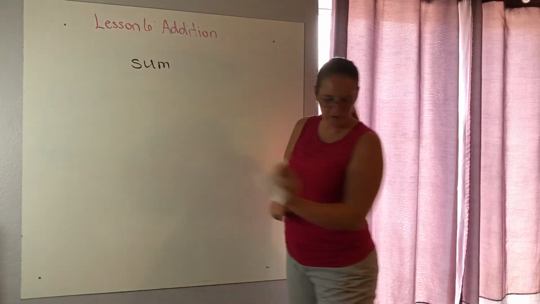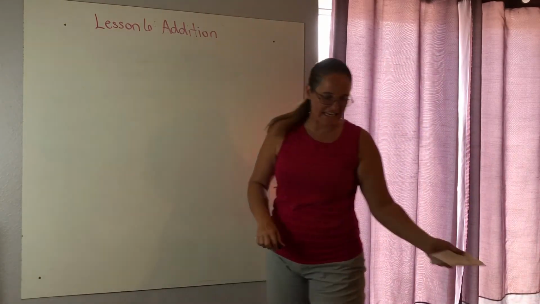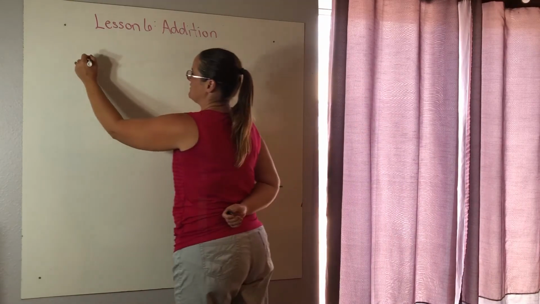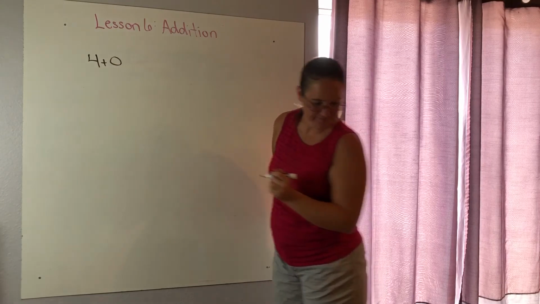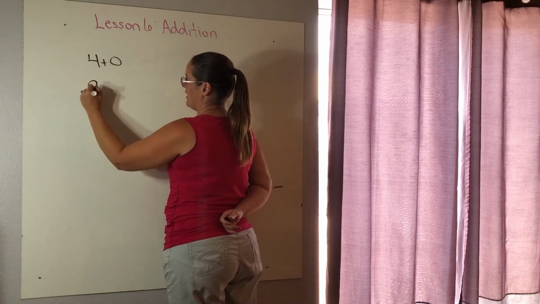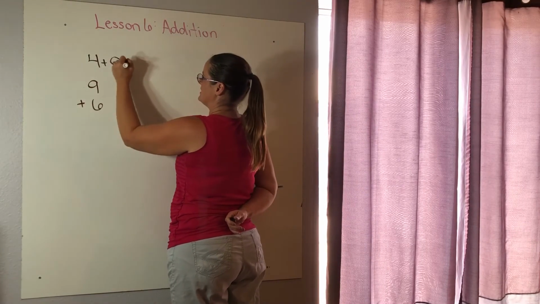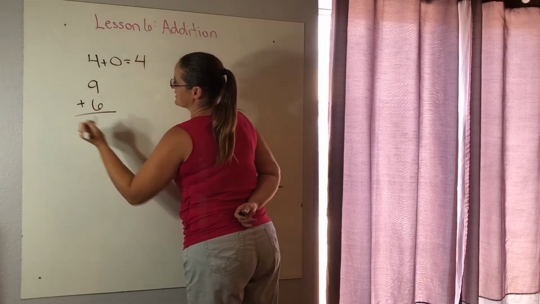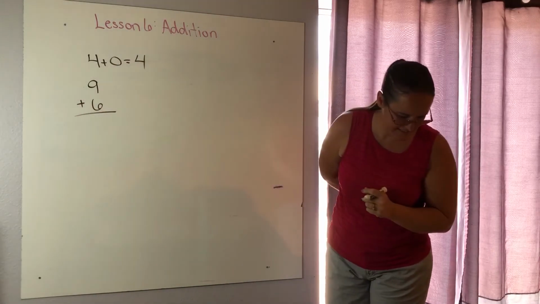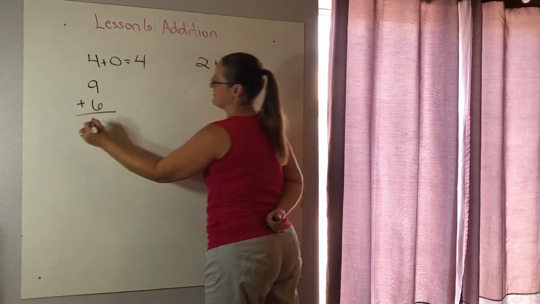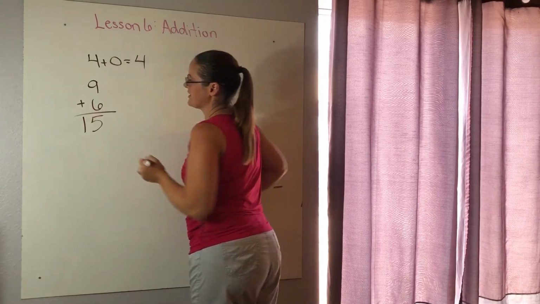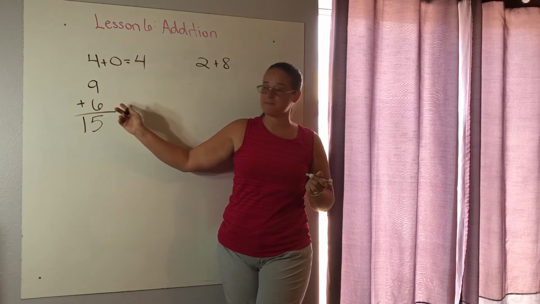So then the last four problems say to find each sum. So you need to figure out what is 4 plus 0. I know it's the 4. 4 plus 0 is 4, absolutely correct. 9 plus 6. 15. Riker said 15. He's absolutely correct. Remember your nines trick from 2nd grade.